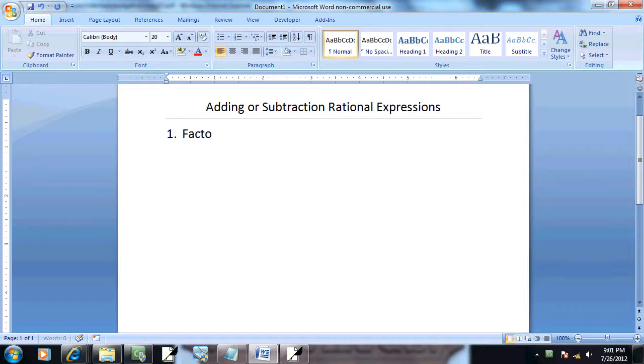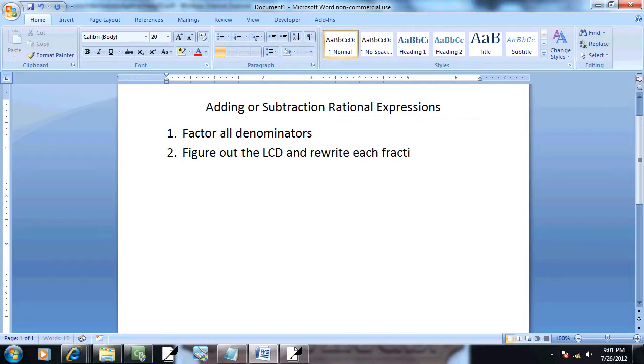Step 1. Factor all your denominators. Step 2. Figure out the LCD and rewrite each fraction with that new denominator. Step 3.